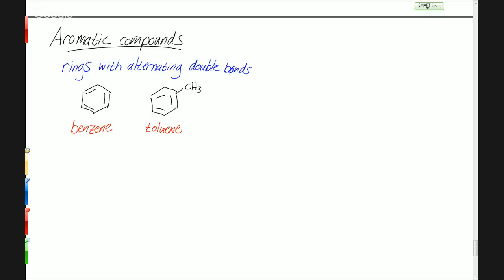Then some other things use this type of structure. If you take toluene and then you put these NO2 groups around it like that, you get what's called 2,4,6-trinitrotoluene, which is also abbreviated TNT.